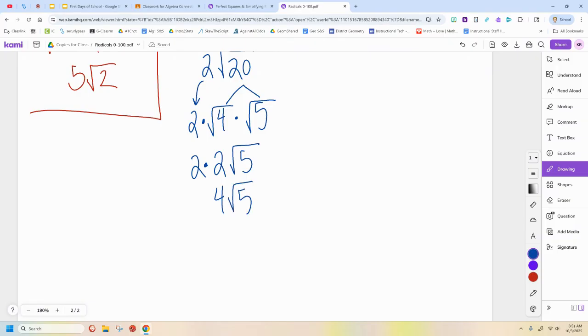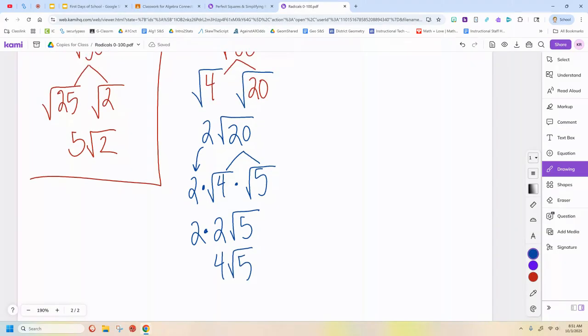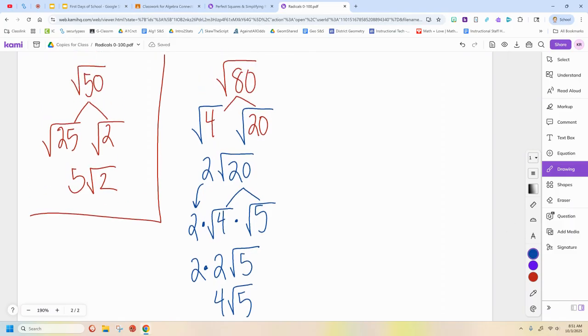Okay, so this was the long way, right? Do you see how we had to do two steps? It's because we used a smaller perfect square. So let me go back up to the top and show you a slightly different strategy. I'm going to go off to the side and do 80 divided by 25. That doesn't work.